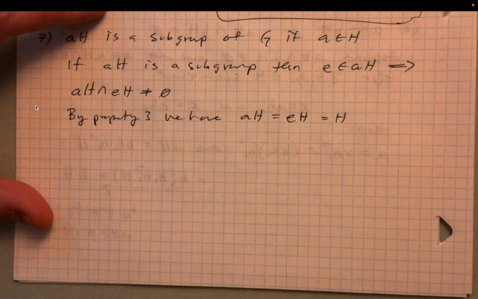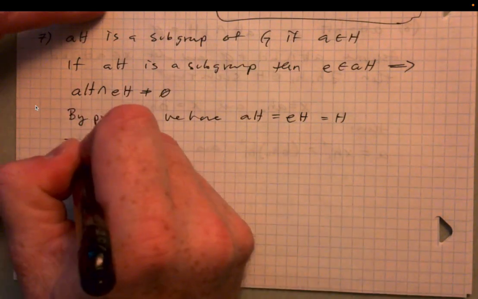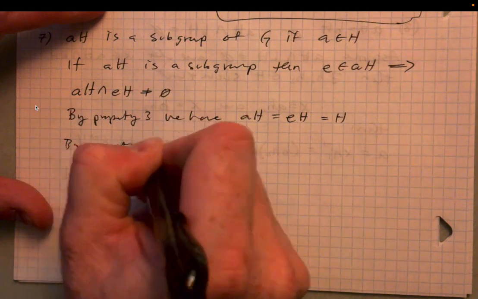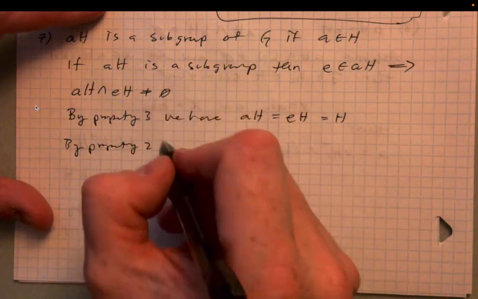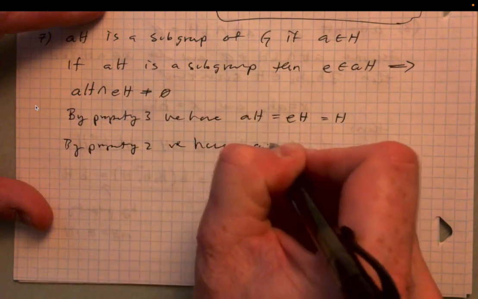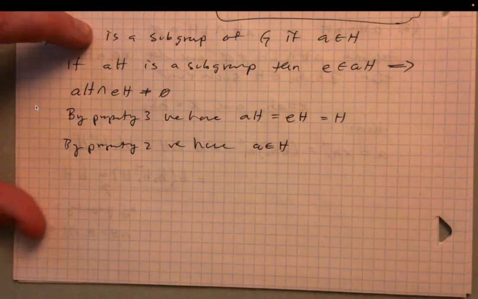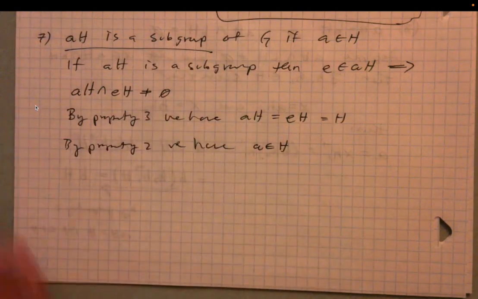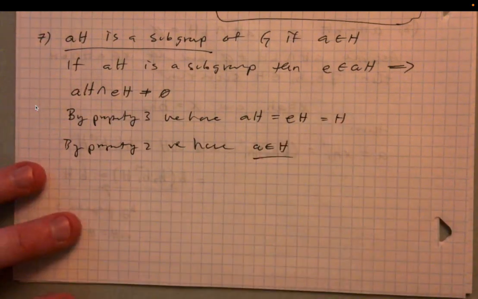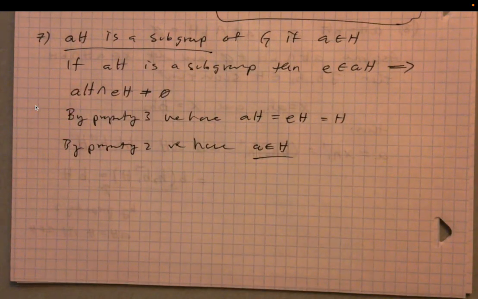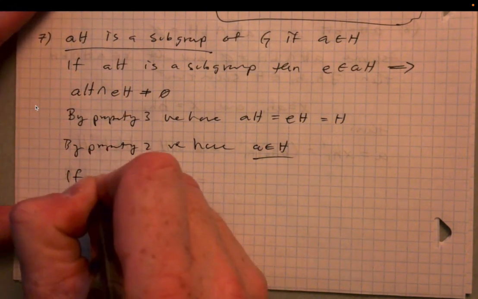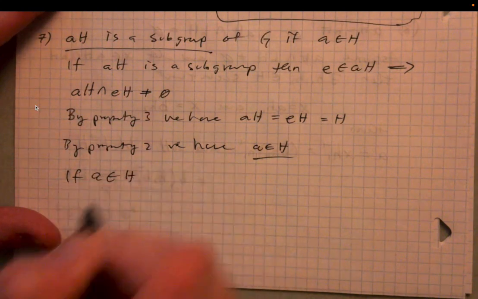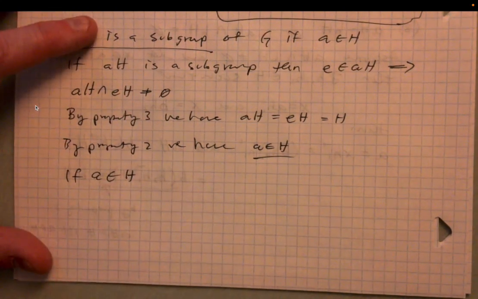Okay. And then by property 2, we have A is in H. Okay, right? So if we start with the idea that AH is a subgroup, we get A is in H. Now, conversely, if A is in H, then we can again call on property 2.